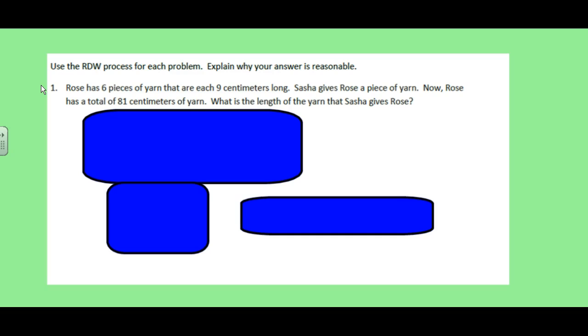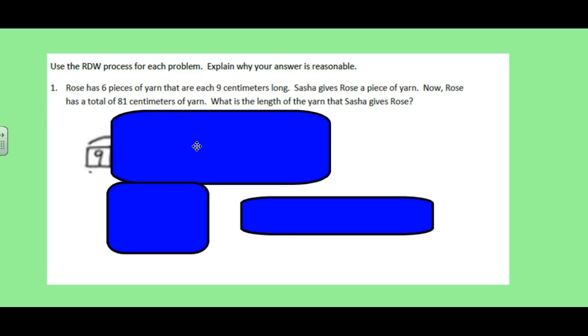So we know from the first sentence that Rose has 6 pieces of yarn that are each 9 centimeters long. So I want you to draw a tape diagram that shows Rose's 6 pieces of yarn that are 9 centimeters long, and I want you to write an equation to help you solve that. Push pause to do that.